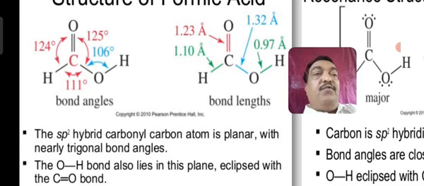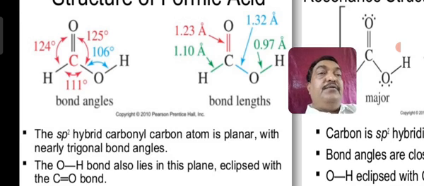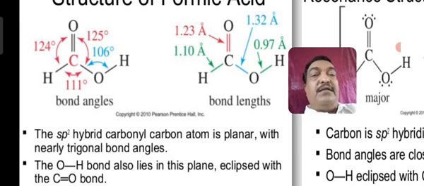That is the bond angle for any carboxylic acid. The bond lengths are: carbon to hydrogen 1.10 angstrom, carbon to oxygen 1.23, carbon to oxygen 1.32, and oxygen to hydrogen of the hydroxyl group 0.97.